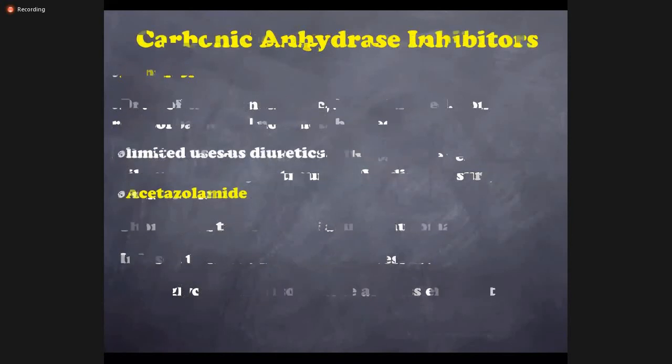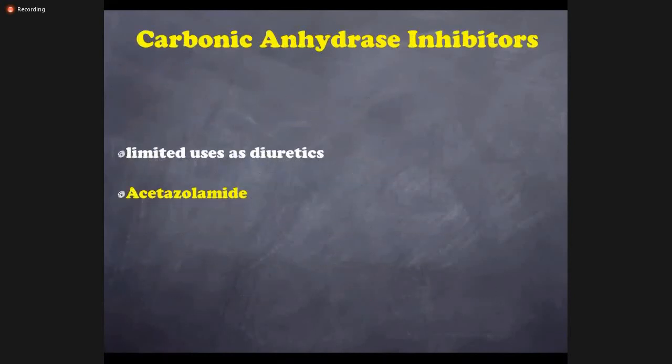Now the last group of diuretics, the carbonic anhydrase inhibitors. So we have thiazide, loop, potassium-sparing, osmotic, and the last one is the carbonic anhydrase inhibitor. They have limited use as diuretics.